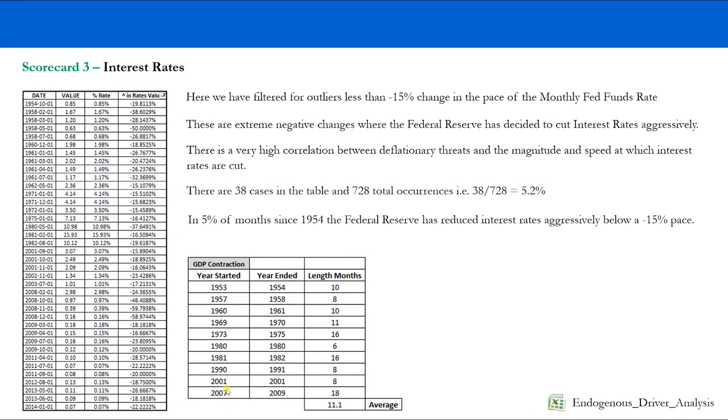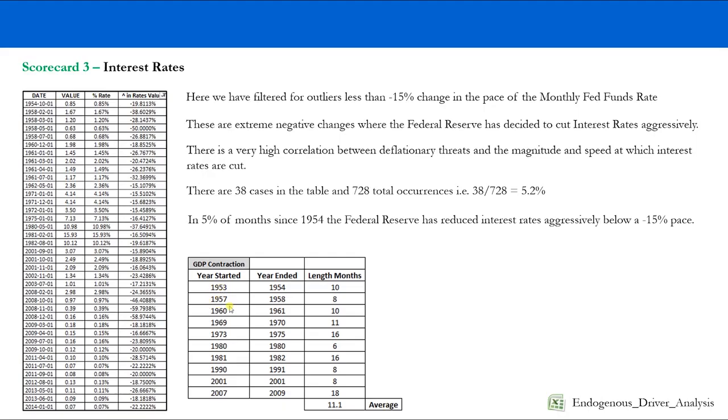If we look at all the cases of GDP contraction, we can see the first GDP contraction in history, 53 to 54. We see the Fed reacting by reducing interest rates aggressively, and we see an almost minus 20% pace in the reduction in interest rates.